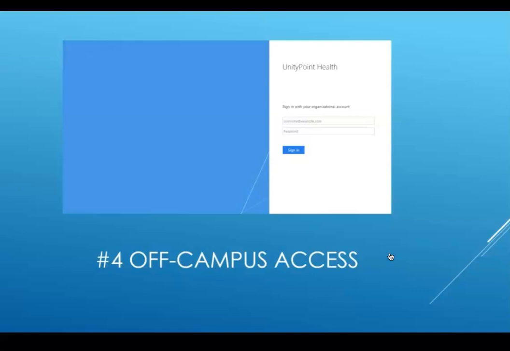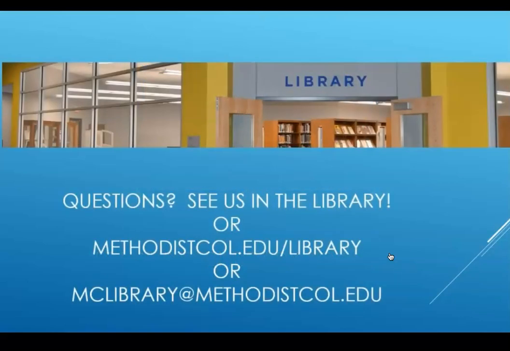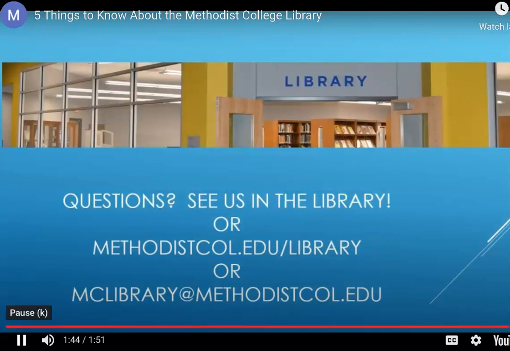You will need to log in to use the library databases from off-campus to prove that you are a current student. Number 5, use interlibrary loan. The library is connected to thousands of other libraries, and we all share our resources. Contact me to get books and journal articles that are not available at Methodist College. If you have any questions, see us in the library, visit the website, or send me an email.